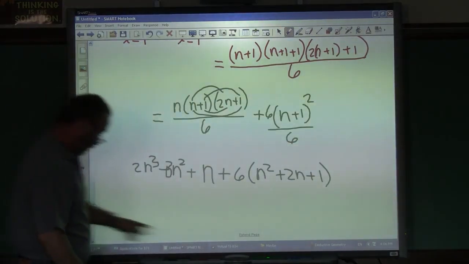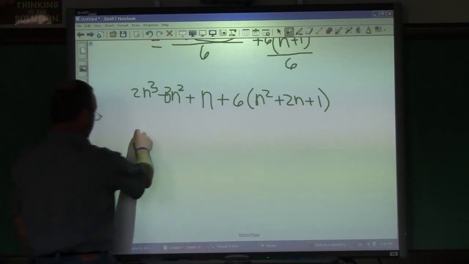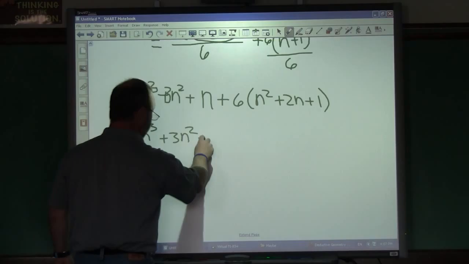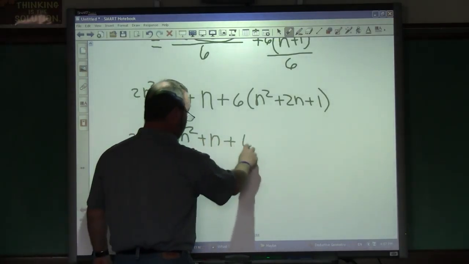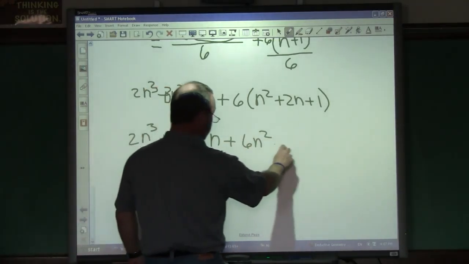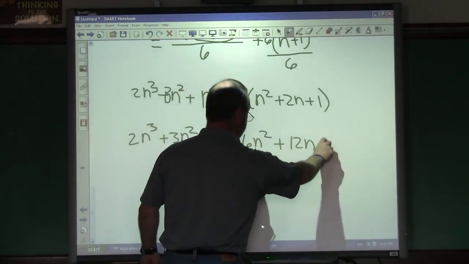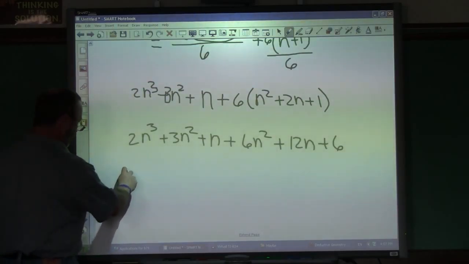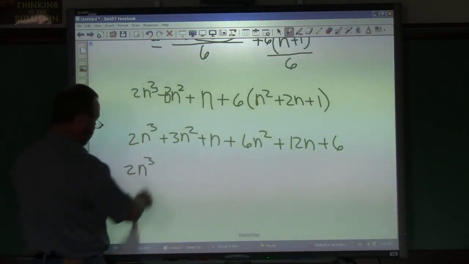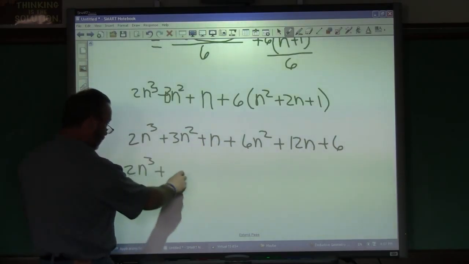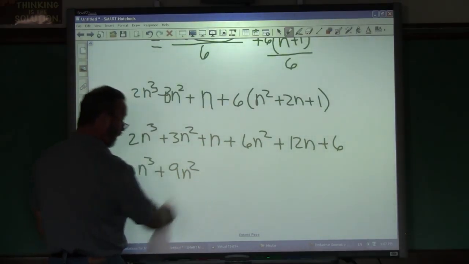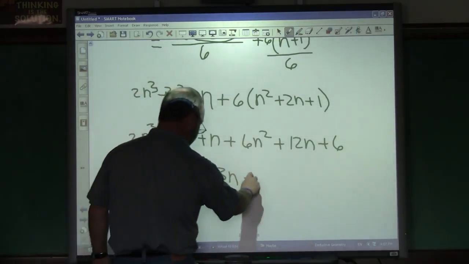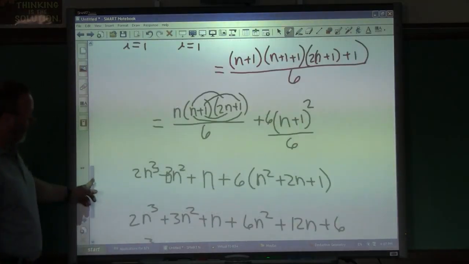And so I get 2n cubed plus 3n squared plus n plus 6n squared plus 12n plus 6. Now let's combine like terms here, and we have 2n cubed plus 9n squared plus 13n plus 6. So that's the green side.